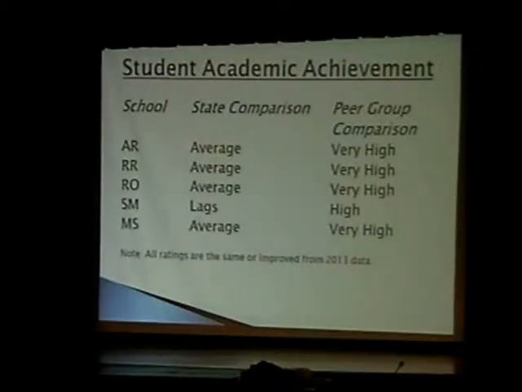And one of the things that's good is everything is either the same or an improvement from 2013. So even though there may be some subgroups that did not meet the target, if you see especially average or high or very high in comparison, they still did well, even though the target may not have been met.